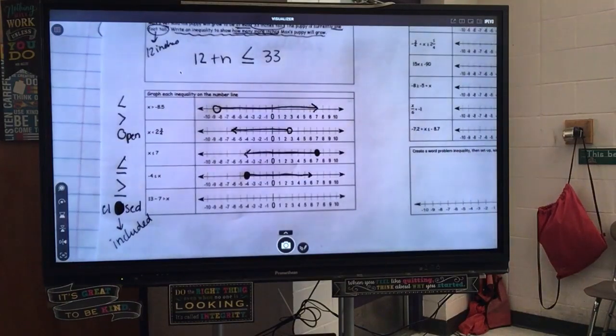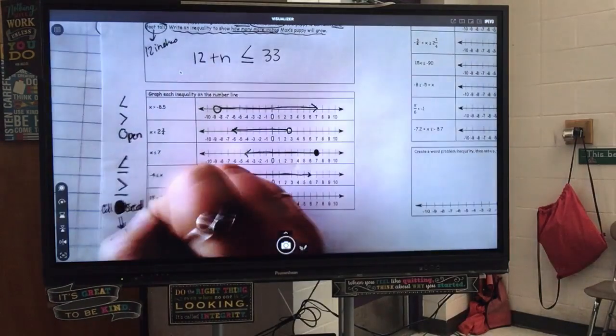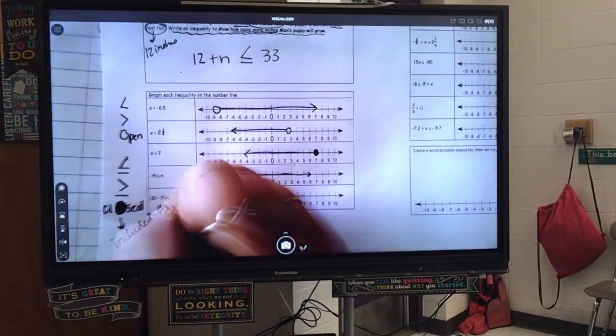Alright, the last one, we have to do a little bit of math to figure this one out. 13 minus 7 is 6. So 13 minus 7 is greater than x, and so 6 is greater than x.